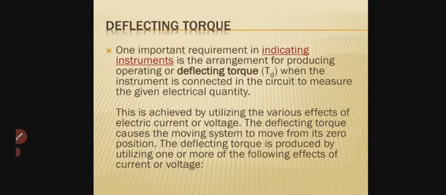Going with the deflecting torque. First we have to discuss deflecting torque. One important requirement in indicating instruments is the arrangement for producing or operating deflecting torque. We represent deflecting torque with the symbol TD.